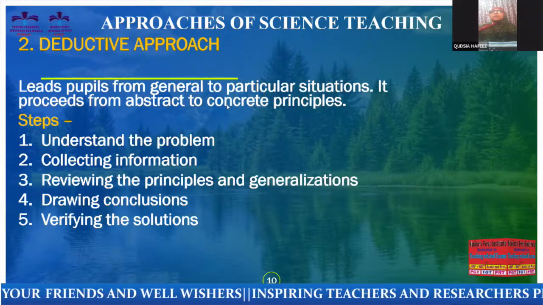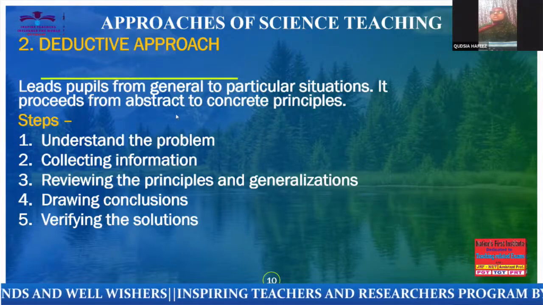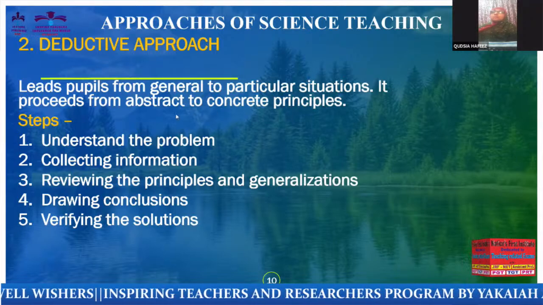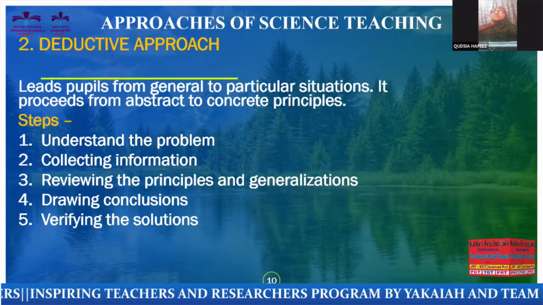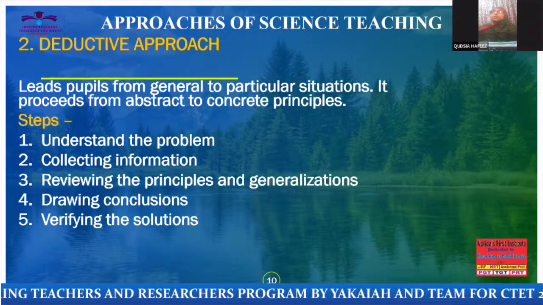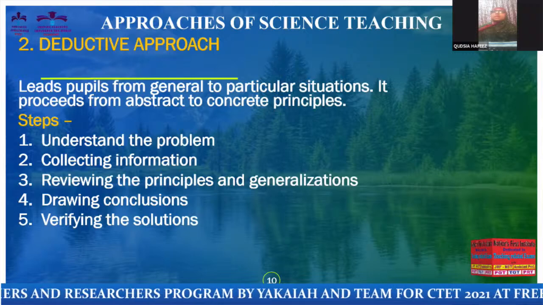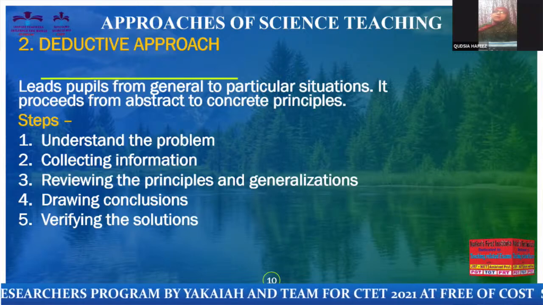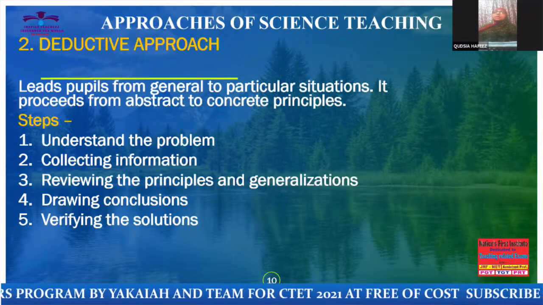How do they lead here? For example, we give a general example and we move further and further to be more and more specific in the solution of a particular problem. Some kind of generalizations are there, and then we make it more and more specific.